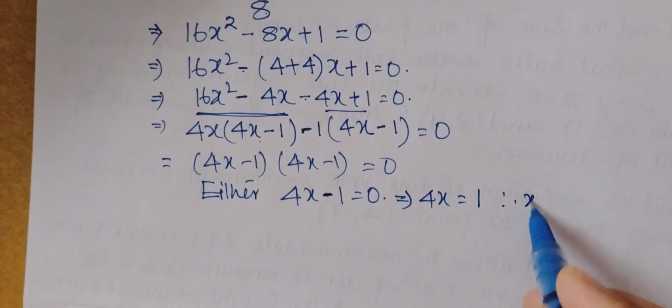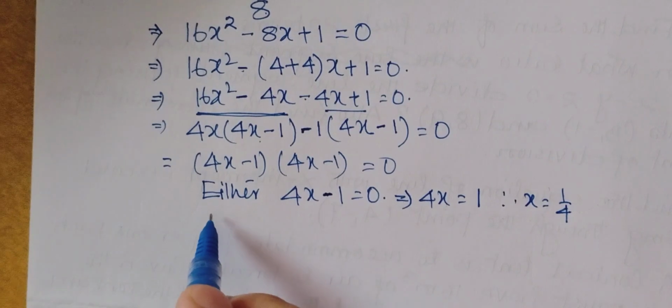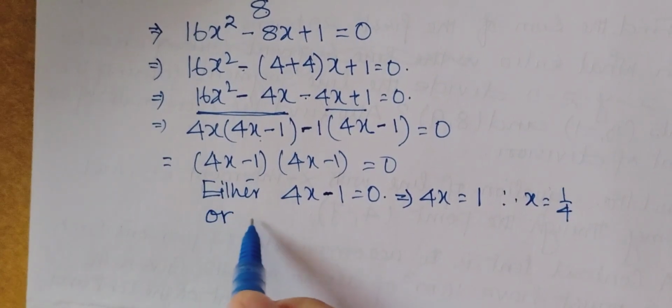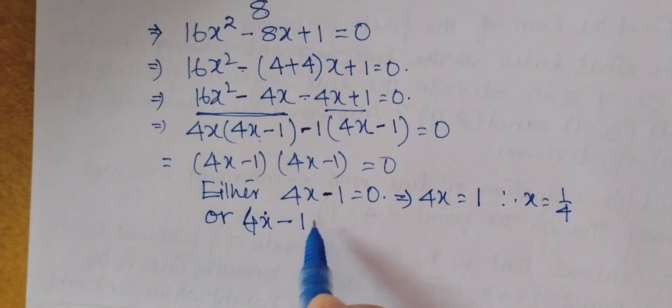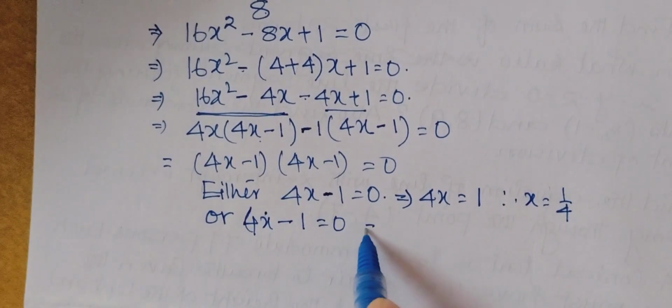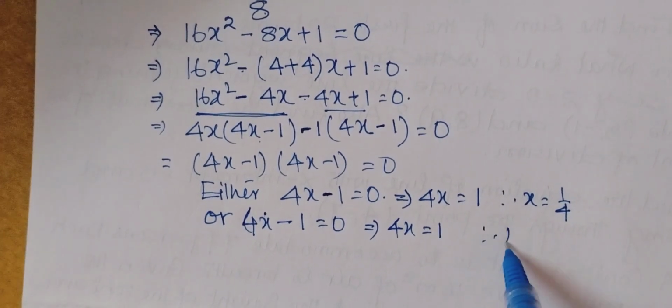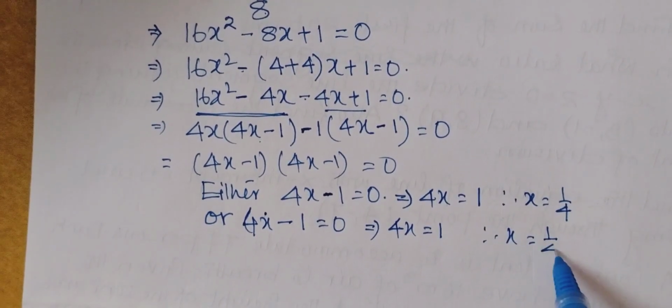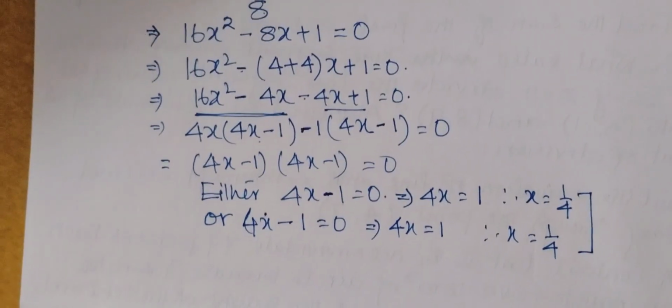Therefore the value of x, we are getting 1 by 4. Similarly, or 4x minus 1 equal to 0, or 4x equal to 1, then the value of x is here also 1 by 4. These two are the solution of the quadratic equation.